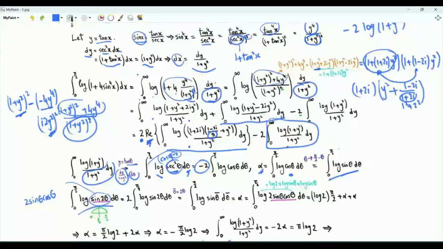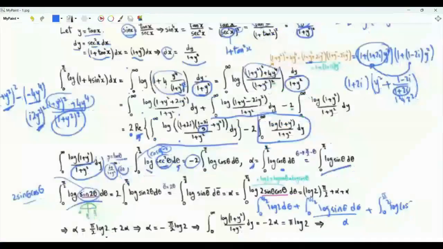This integral here can be written as the sum of three integrals: from 0 to pi over 2 log 2 d theta plus the integral from 0 to pi over 2 log sine theta d theta. This is alpha. The third integral is from 0 to pi over 2 log cosine theta. This is also alpha. This integral is equal to 2 alpha plus, from here, pi over 2 times log 2.